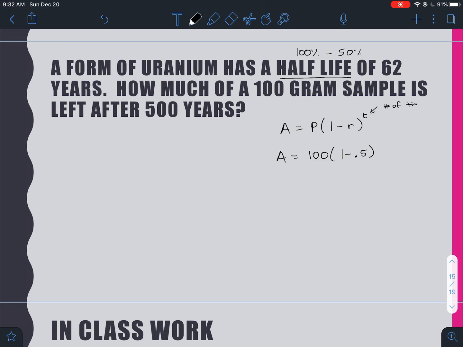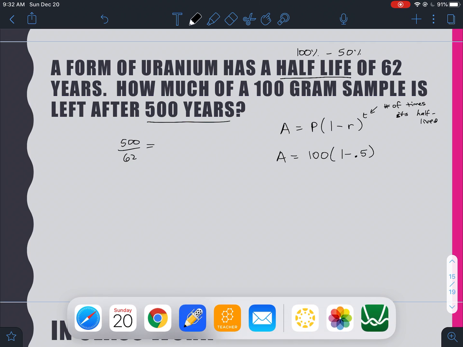And then after 500 years, we want to know how many times it's half-lived. So T this time is going to be the number of times it's half-lived. Okay, well, 500 years, how many times has it half-lived? Well, it takes 62 years for it to half-life.